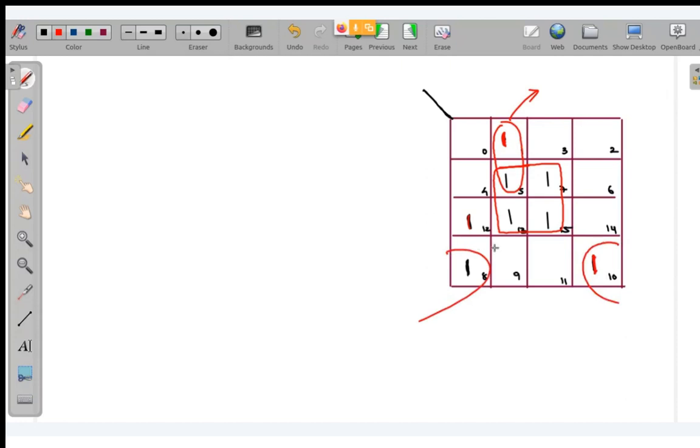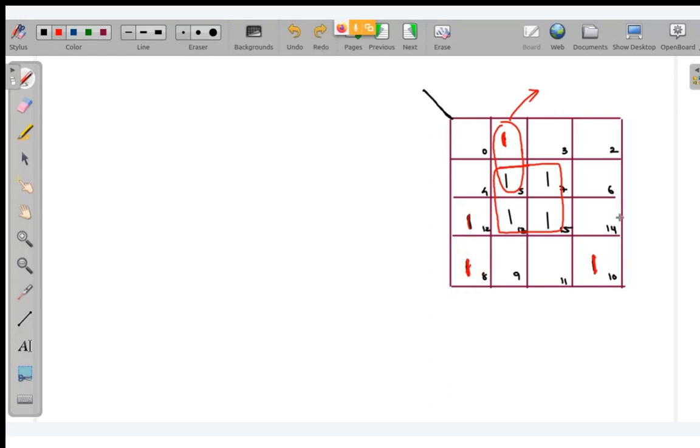Previously I told you that when I was checking for this one, it had one option combining like this, or one option combining like this. So due to this one, this grouping was not an essential prime implicant.